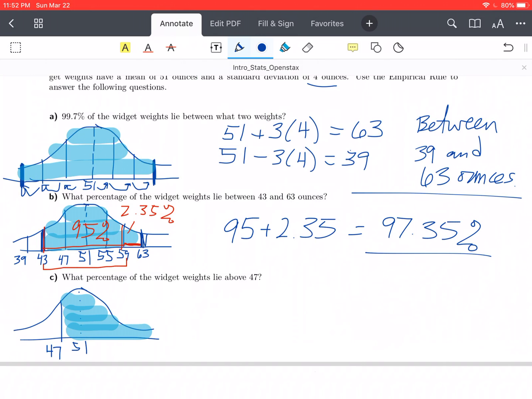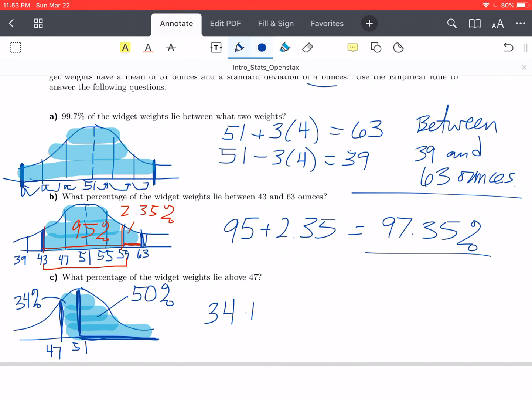So we know that everything from 47 to 51, this portion we saw in that graph up on top, is going to be 34% of the data. And then from here onward, this whole portion here, that is half of the area, right? Because it's symmetric, so that's going to be 50% of the total area.